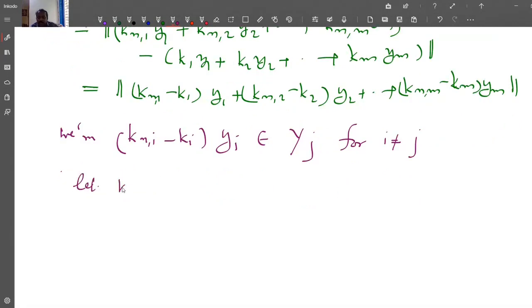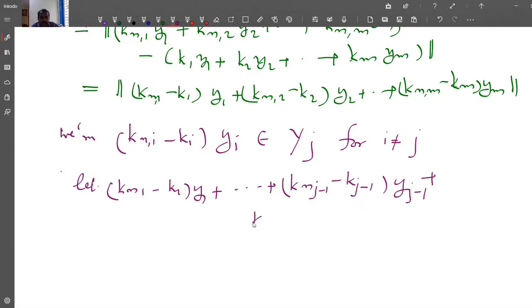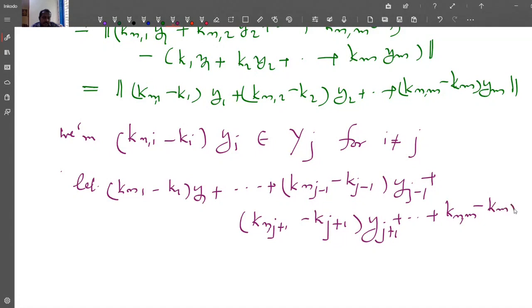We let (kn1 minus k1) y1 plus etc. plus (knj minus 1 minus kj minus 1) yj minus 1 plus the next term (knj plus 1 minus kj plus 1) yj plus 1 plus etc. plus (knm minus km) ym be equal to some y star in Yj.